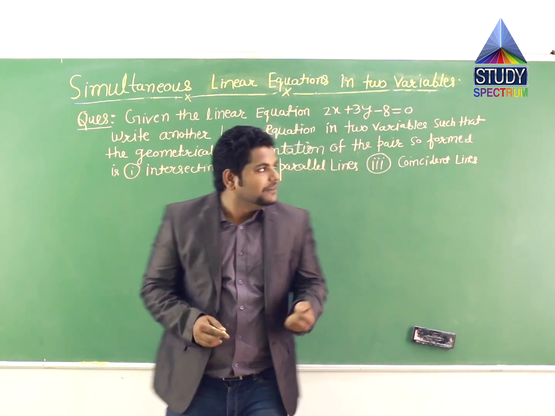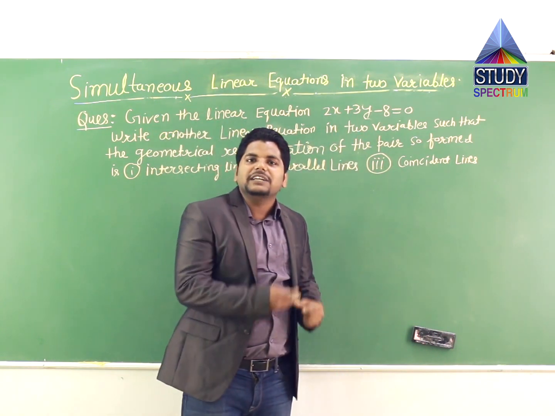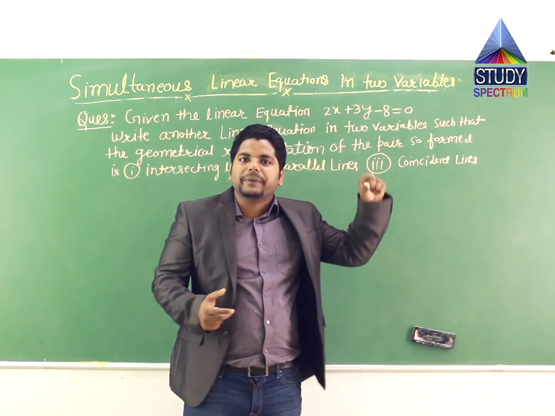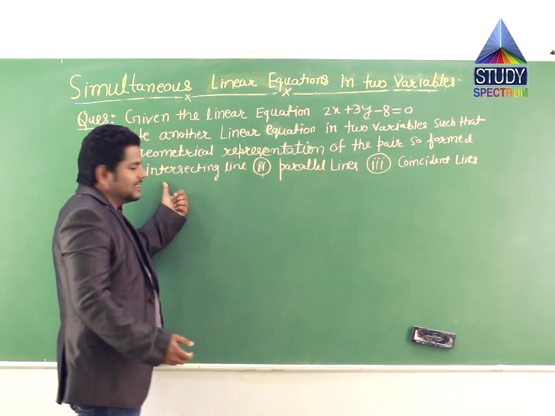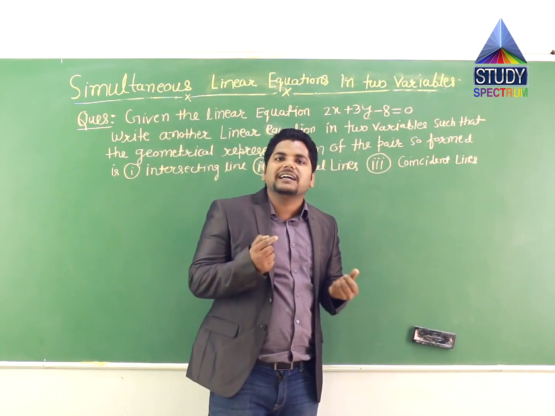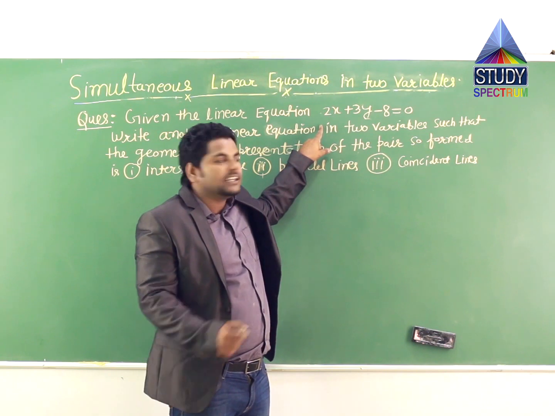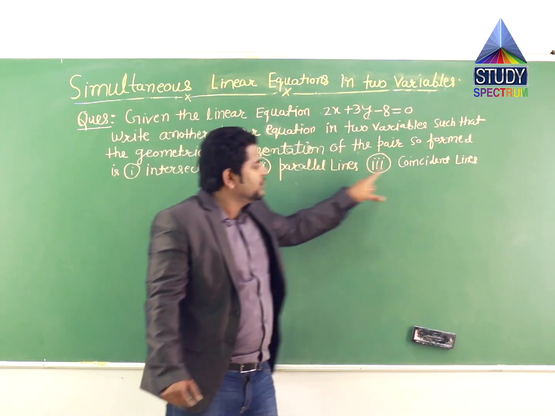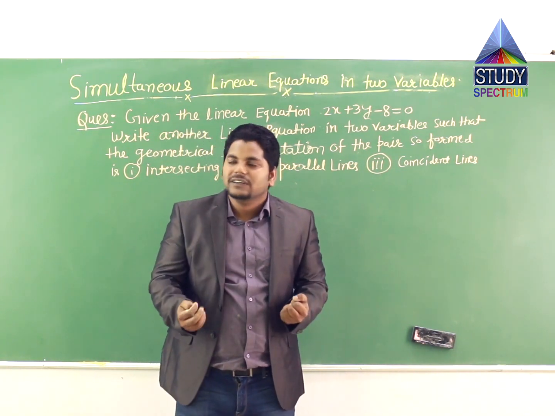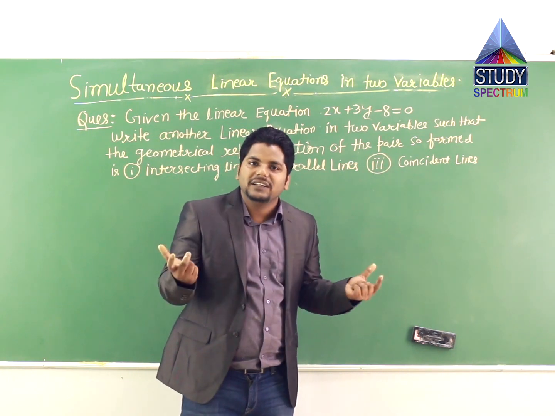Here you are given a linear equation and you have to write another linear equation to make a simultaneous pair, so that the pair becomes intersecting lines, parallel lines, and in the third question coincident lines. Since infinitely many such lines are possible, you can write any one.